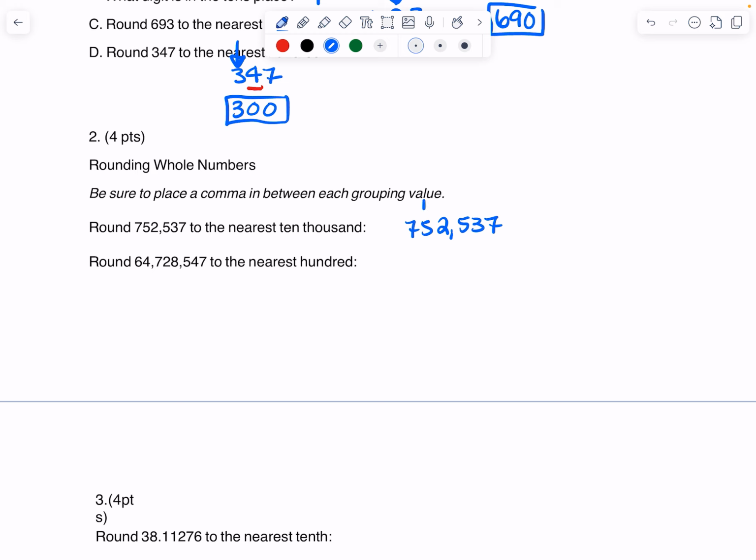So we're looking at this 5 here. Again, we look at the digit behind it. This one is less than 5, so we're going to put place values in of 0 after the 75. So 75, 0, 0, 0, 0.